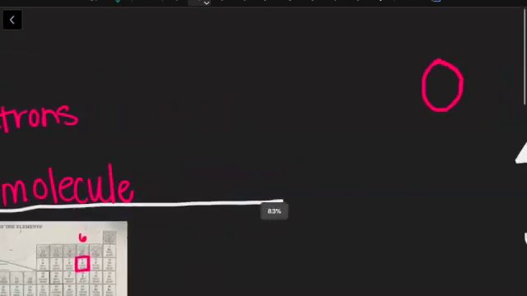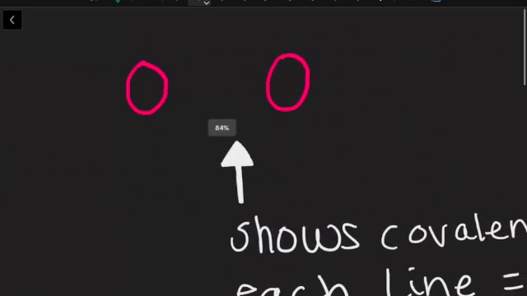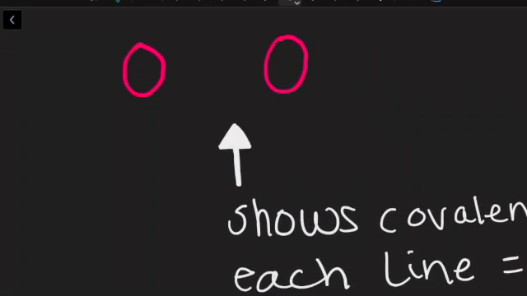So we'll draw those. 1, 2, 3, 4, 5, 6. Now just drew it like that, just so that you could see how they bond a little easier. 1, 2, 3, 4, 5, 6.